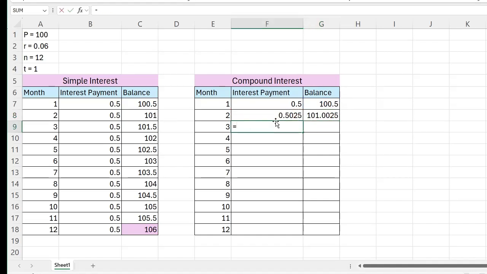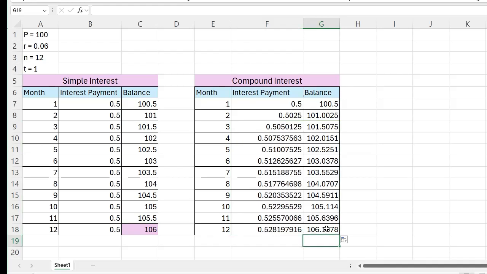So I have slightly more money. For the third month, I'll take whatever my previous balance was. I'm going to click on that instead of typing it out, so I'm using the formula in Excel, and I'm going to multiply that by 0.06 divided by 12. Press enter, and now my next balance will be this much plus my interest, this much. I'm going to continue like this and drag this down.